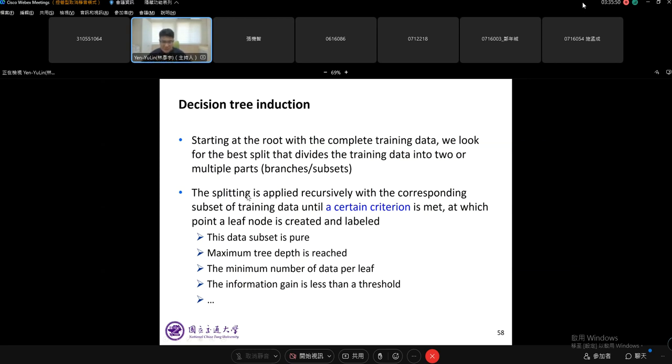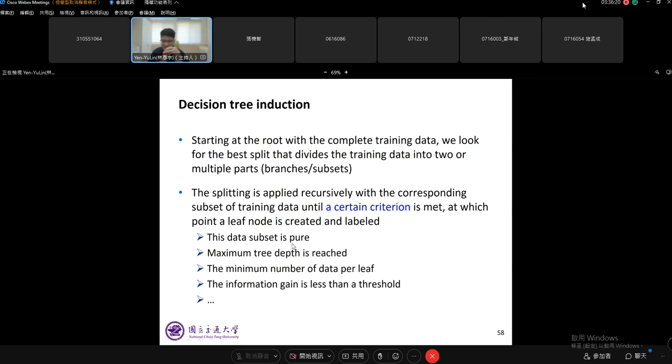So how to determine if this process should be recursively done or should be stopped at a certain moment? Actually, we can make a decision by considering some particular criteria. So the first criterion is that this data subset is pure.